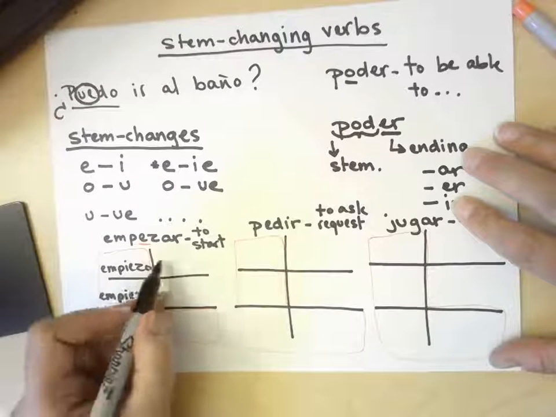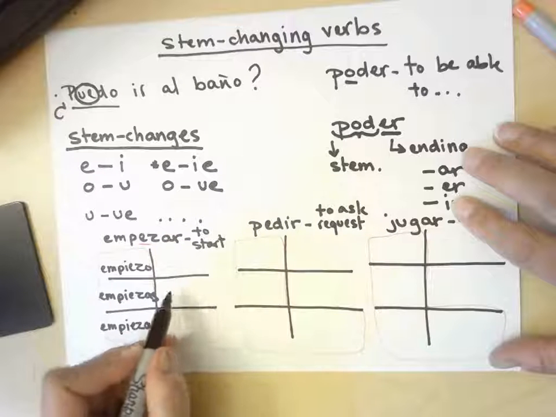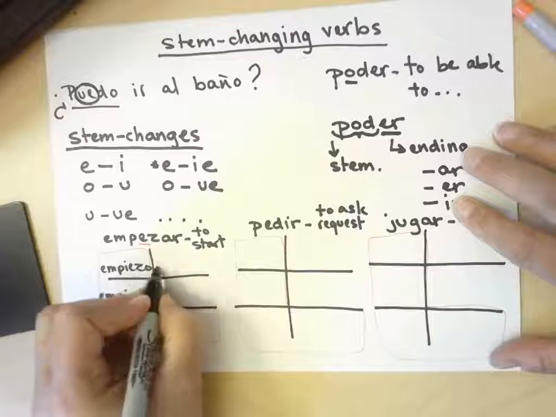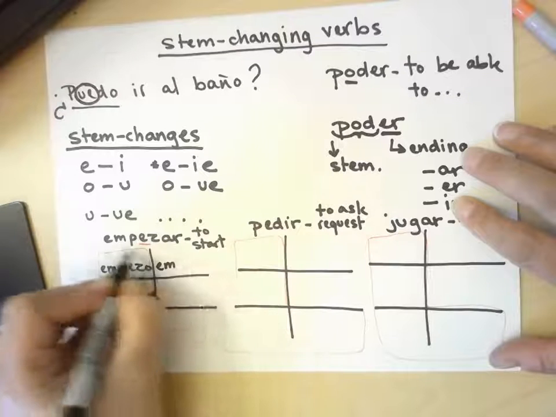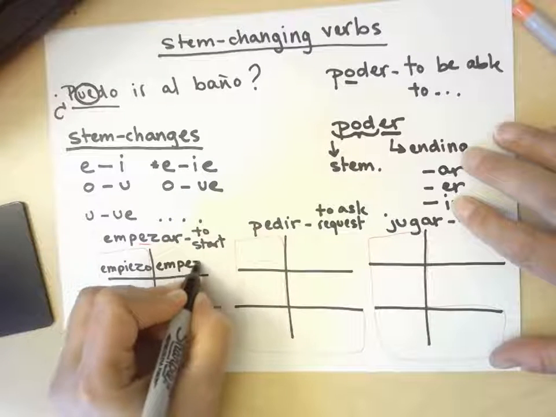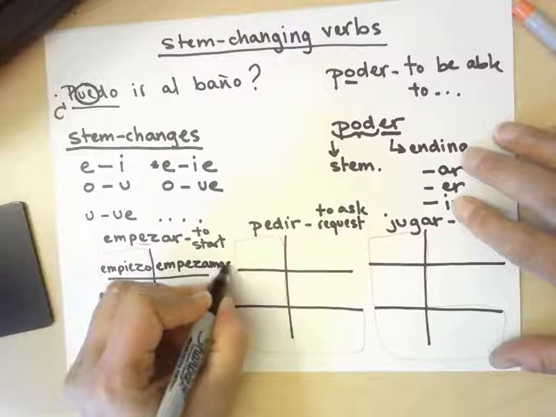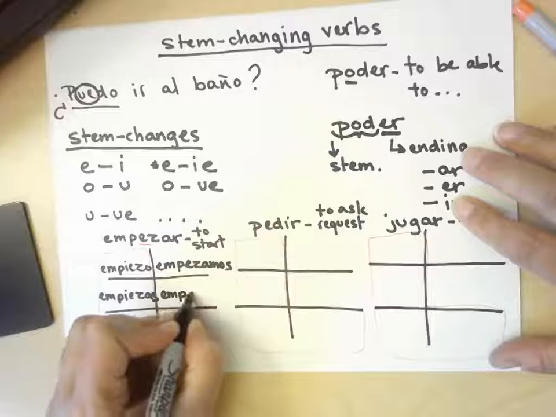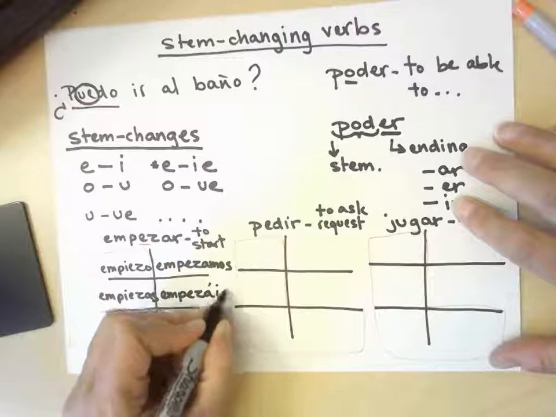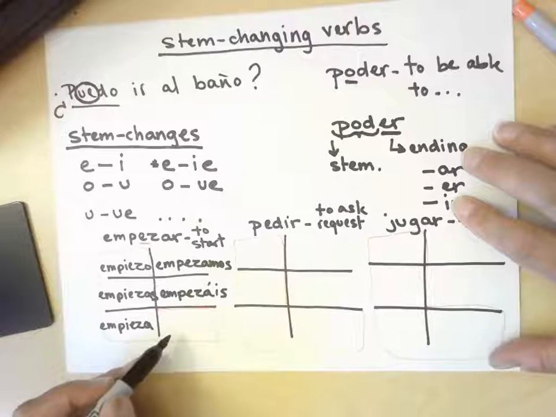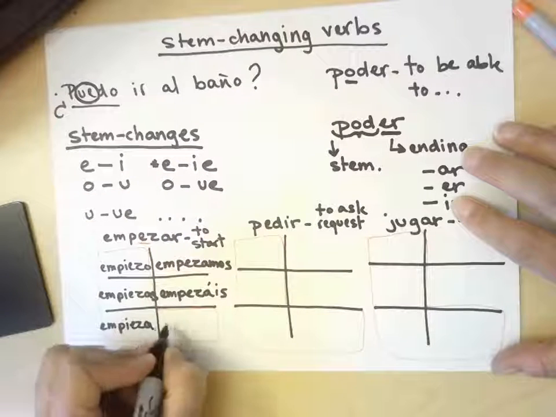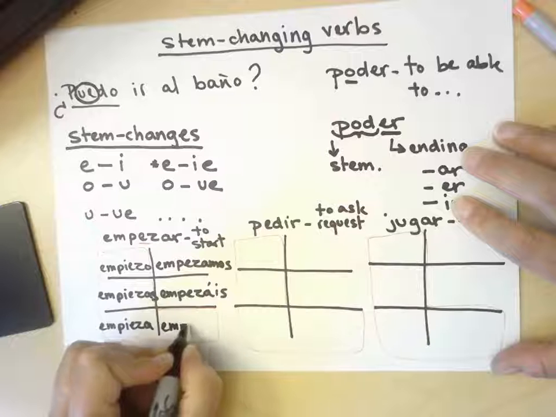Now, nosotros, notice it's outside the boot. So I don't need to do that stem change. I go back to the regular stem. Empezamos. Vosotros empezáis. And now we're back to the boot. So I have to go back to my E to IE stem change. Empiezan.